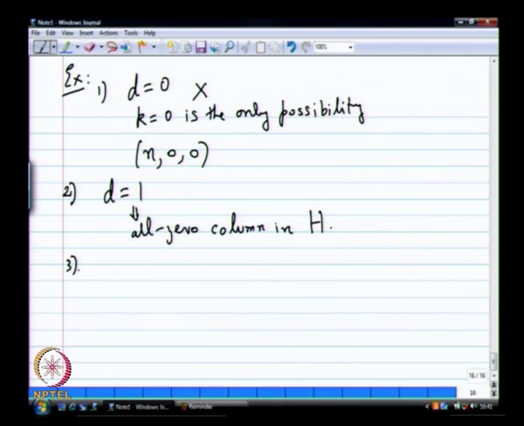The third question, d equals 2. There should be some repetition in the columns. Two columns should be identical.